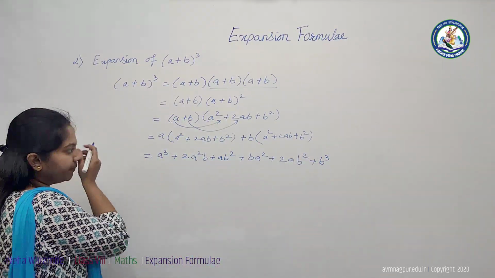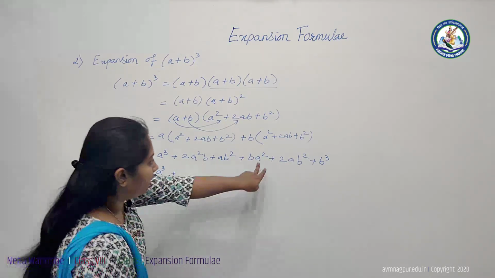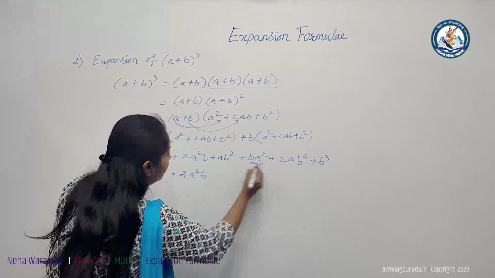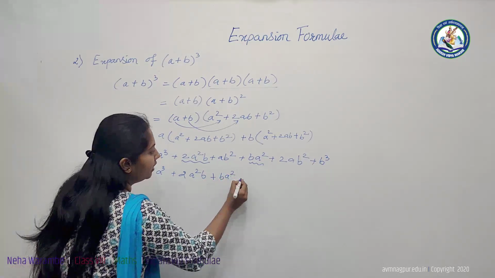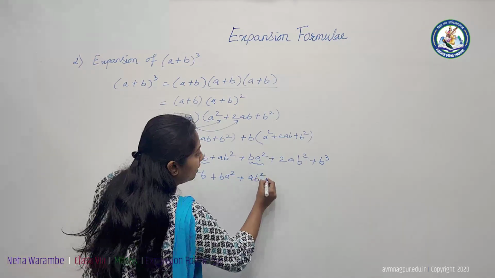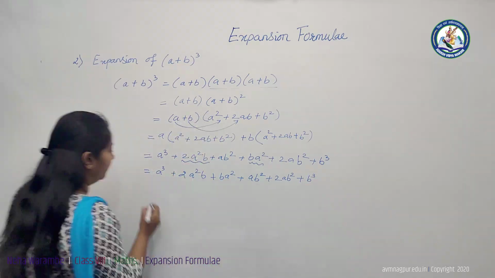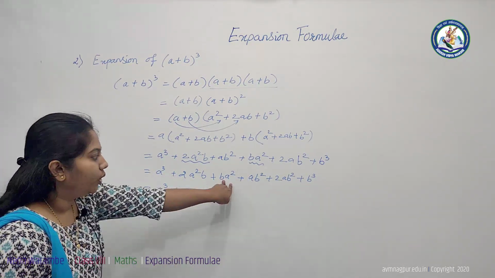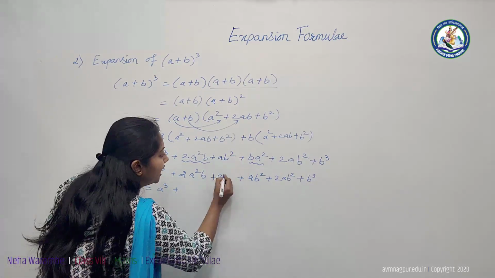Now collect the similar terms: a^3, plus 2a^2 b, plus a^2 b. This b a^2 can be written as a^2 b. Then ab^2 plus 2ab^2, plus b^3.